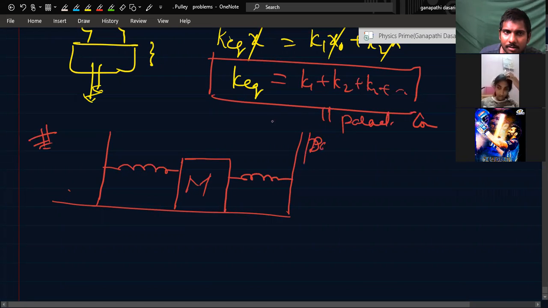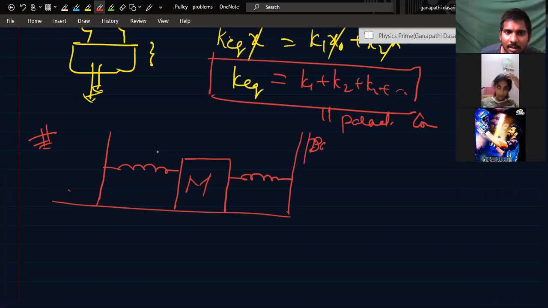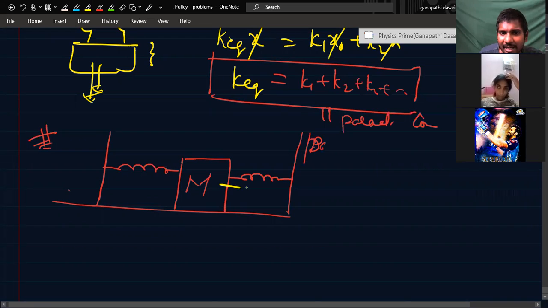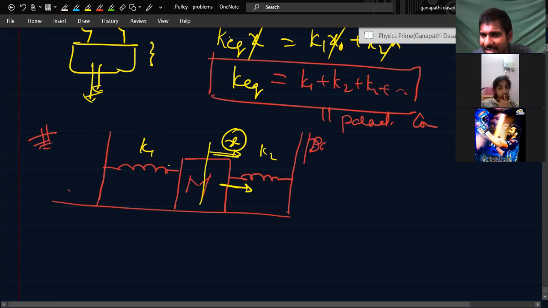Why? Because if I displace this block in the positive x direction, this spring is expanded by x and this spring is compressed by x. The displacement is the same, or not?